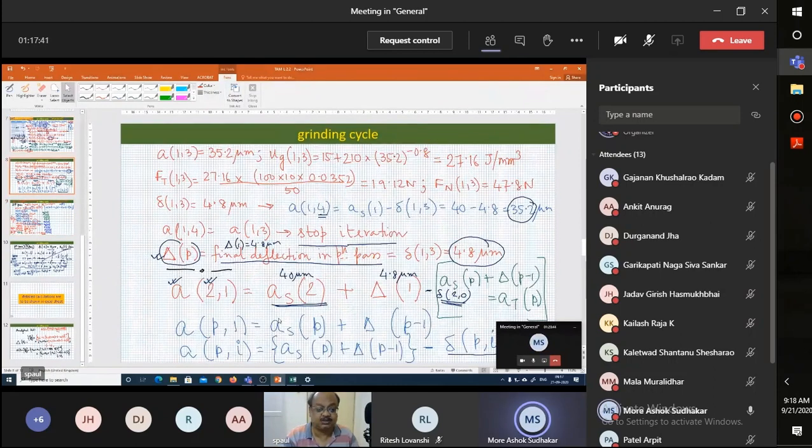This was our first pass, and finally we came to a net deflection which was 4.8 and total removal of 35.2.